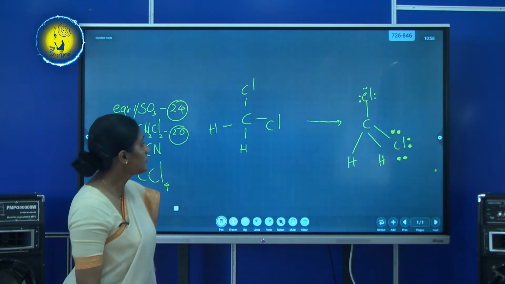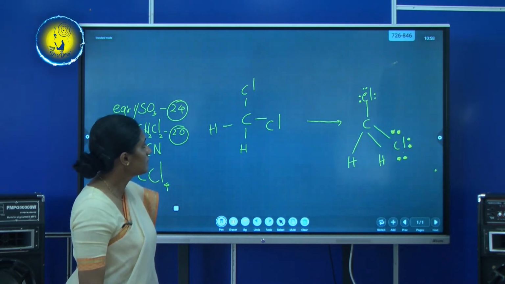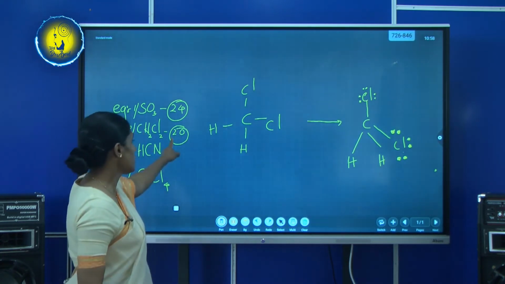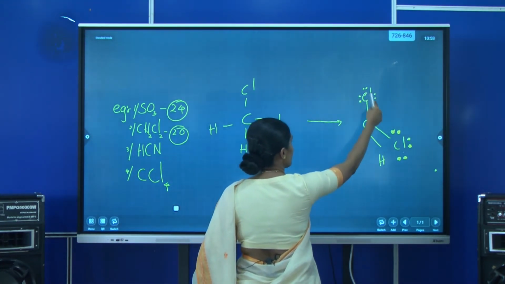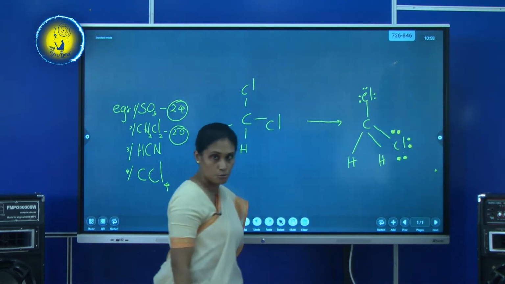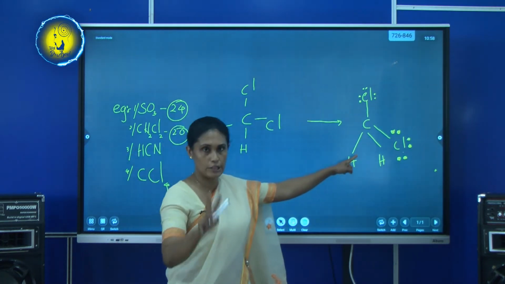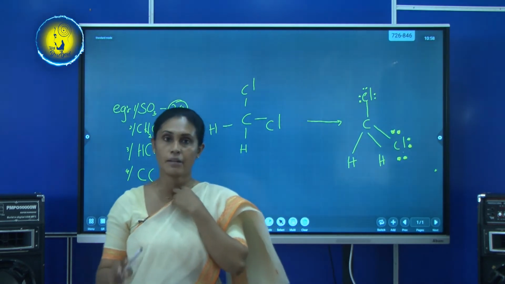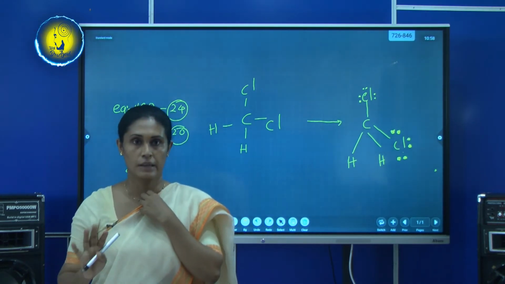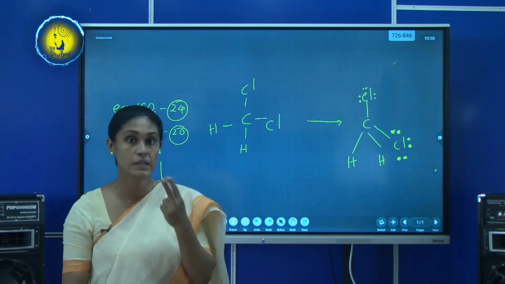See how it works. See the calculation. 2, 4, 6, 8, 10, 12, 14, 16, 18, 20. Here we take only 2 because we have a single bond. In the previous example I have counted as 4 because they were double bonding.